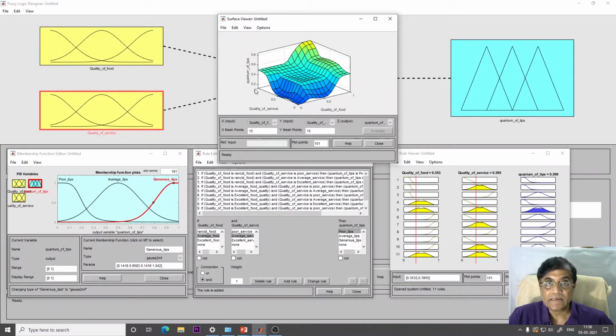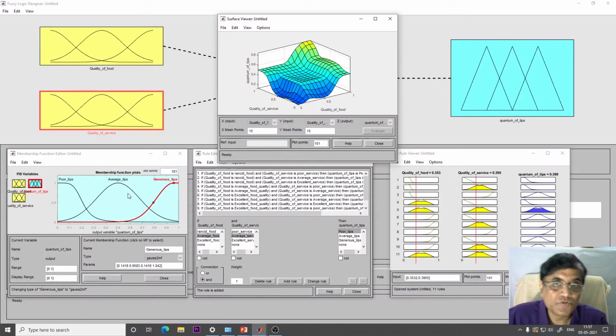So what it is telling is quality of service, quality of food, and quantum of tips. The suggestion it is giving, in a visual form, you can see whether what suggestion it is giving is correct or not. And if they are not up to the mark, means the quantum of tips is not tallying with the normal practice, then you will have to go back and redesign the rules.